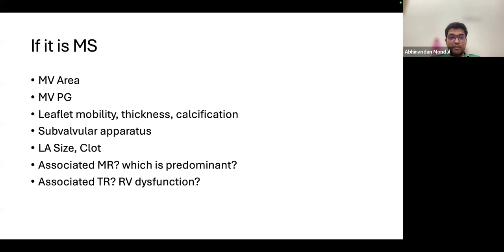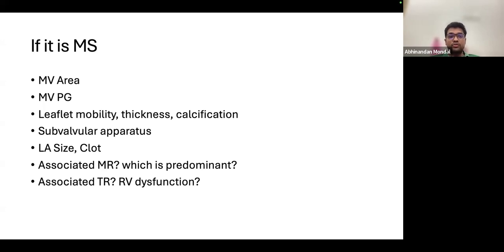So if it is MS, what do we have to see? We have to see mitral valve area, mitral valve pressure gradient, and leaflet mobility, thickness, and calcification. We have to examine the subvalvular apparatus, whether there is any calcification or restriction, and also the size of the LA, and if there is any clot in the left atrial appendage or in the LA itself.